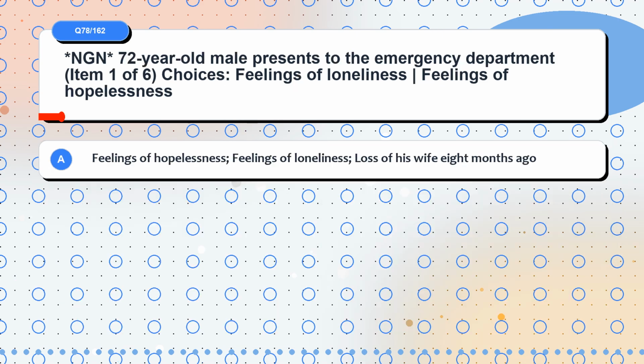Question 78. NGN. A 72-year-old male presents to the emergency department. Item 1 of 6. Choices: feelings of loneliness, feelings of hopelessness. Here are the options. Option A, feelings of hopelessness, feelings of loneliness, loss of his wife 8 months ago.